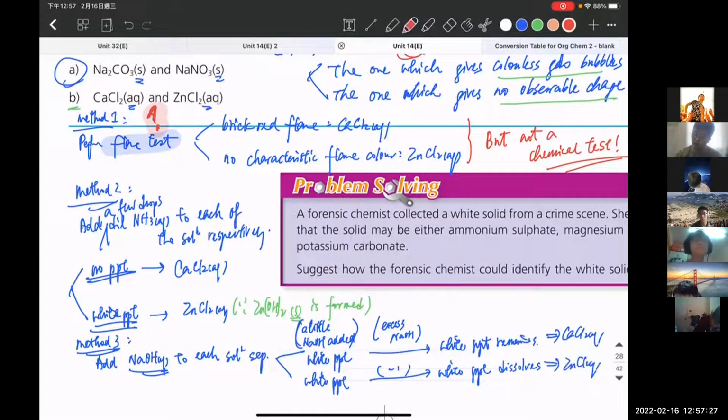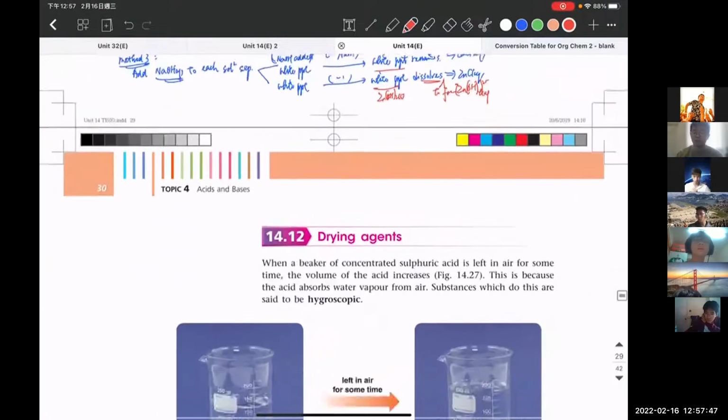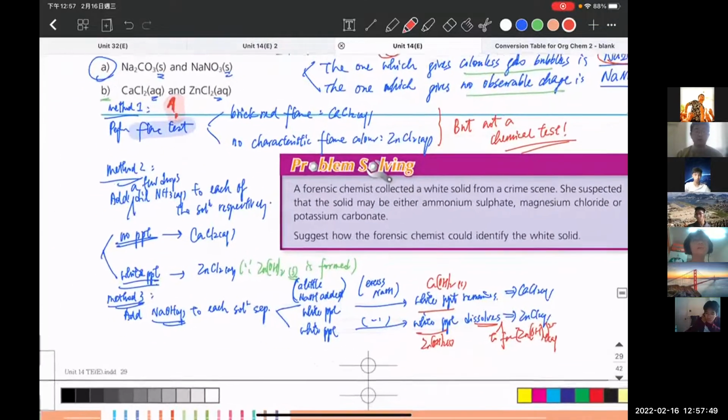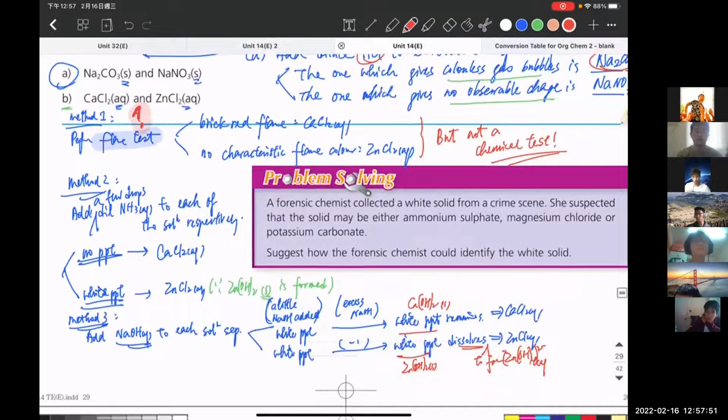The white precipitate, zinc hydroxide, dissolves to form zincate, which is a colorless complex. So that's why I would have this third method. Is that clear? I've got the third method now.